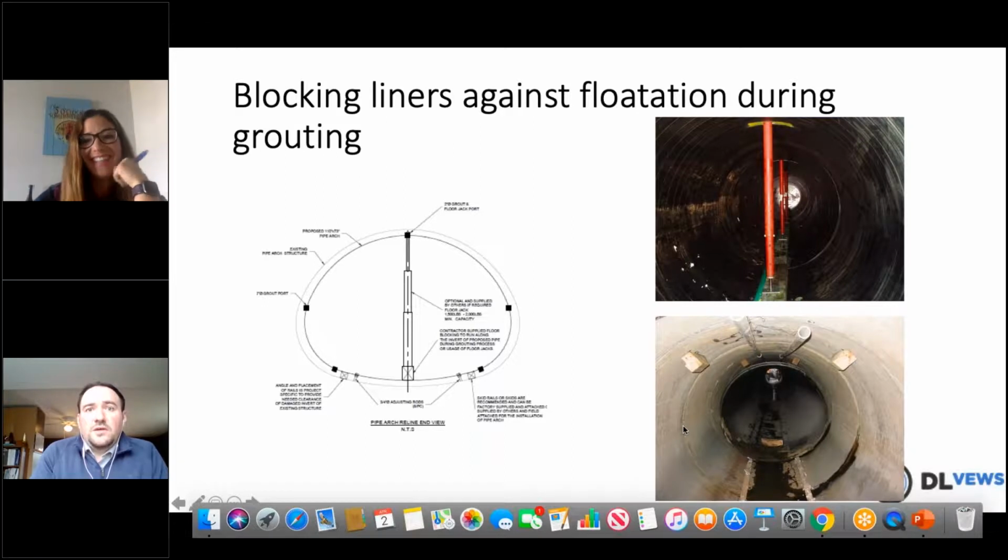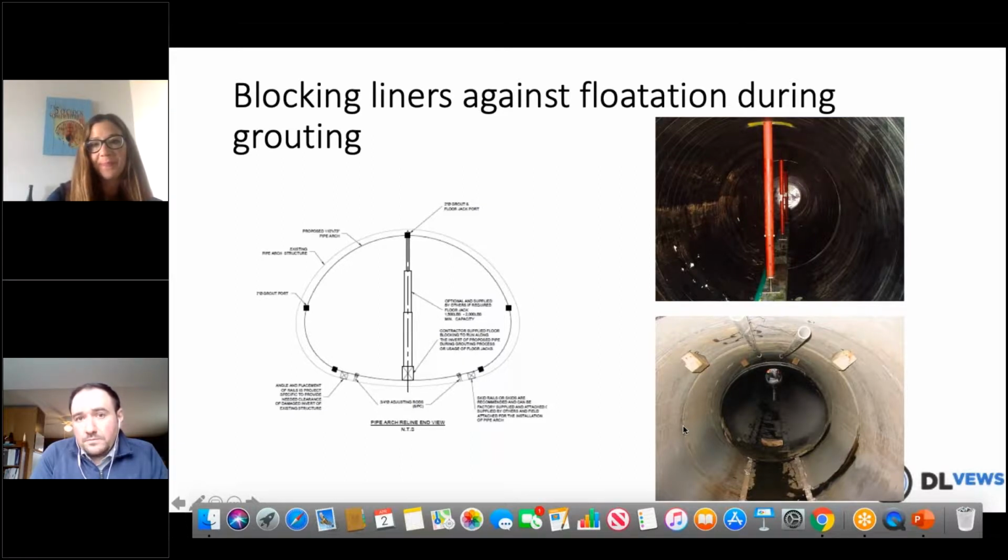You may consider lowering the density of the grout that you're using. If you're in there with a flow fill, for example, and you learn that cellular grout would be acceptable for your project, that will help reduce your buoyancy force on that liner pipe. So it's certainly one way to mitigate that concern.